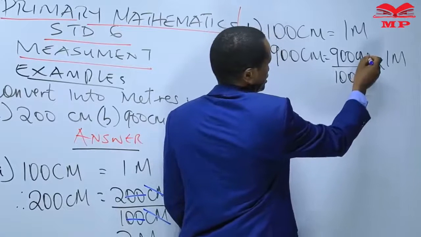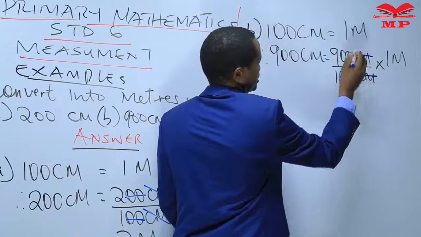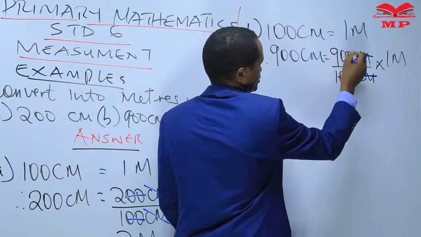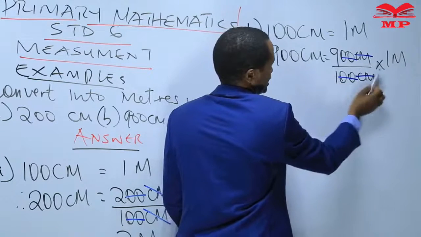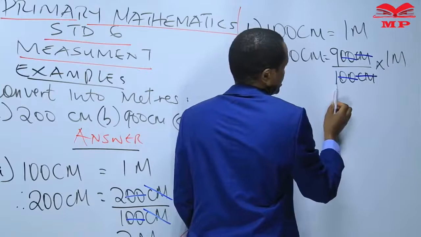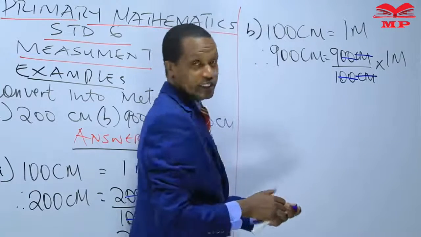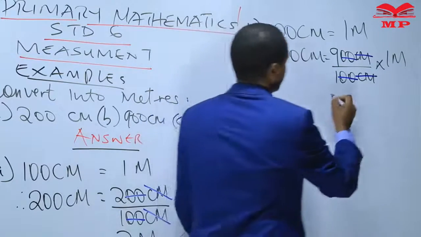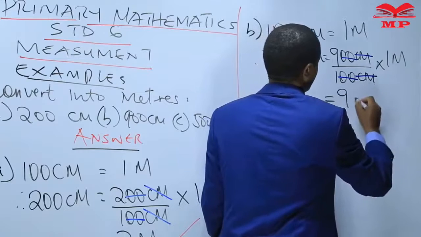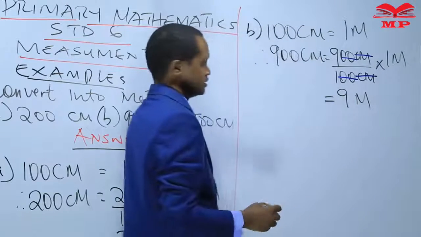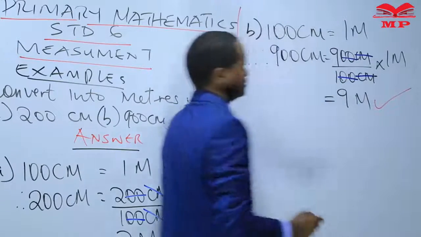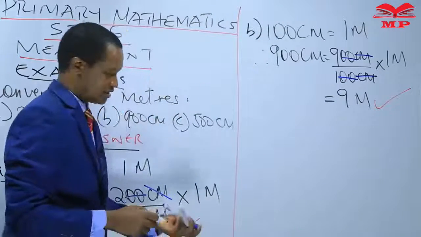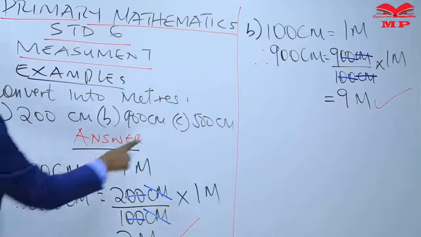These 2 zeros cancel out with these 2 zeros. So we remain with 9 times 1 meter over 1, which is equal to 9 meters. This is correct. That is the answer.